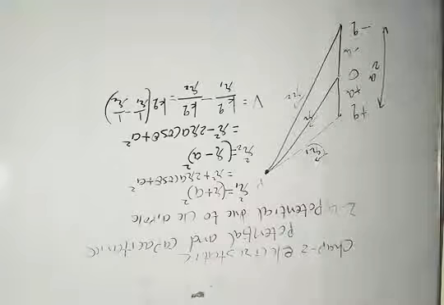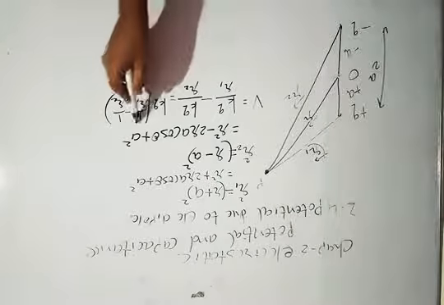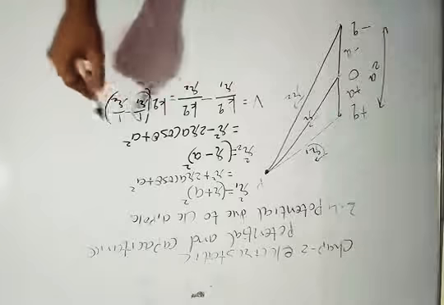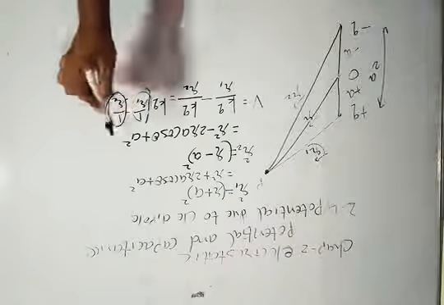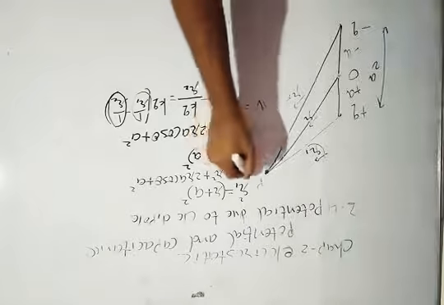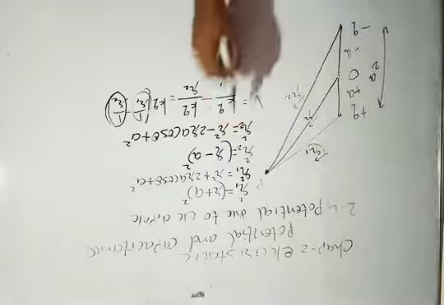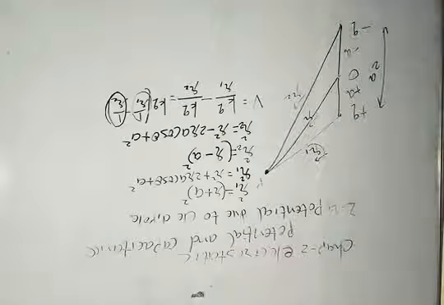Okay. Now here we have to find first 1 upon r1, and similarly 1 upon r2. So from this equation for r1 square and this equation for r2 square, first we find r1 square.